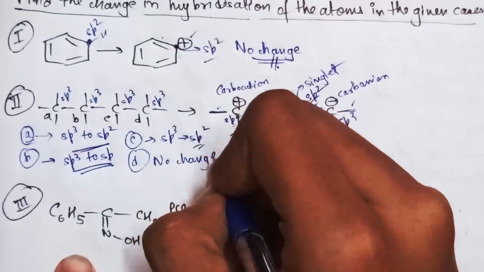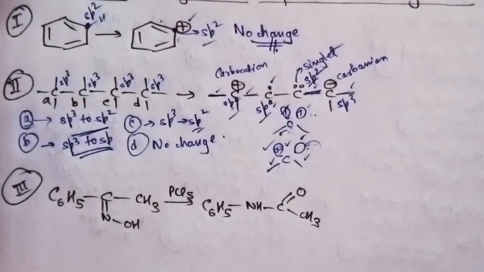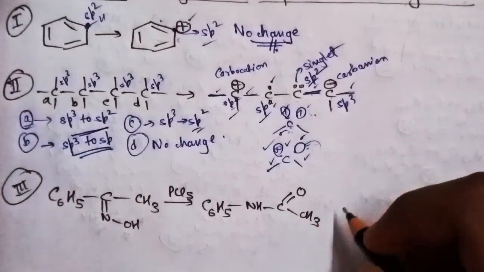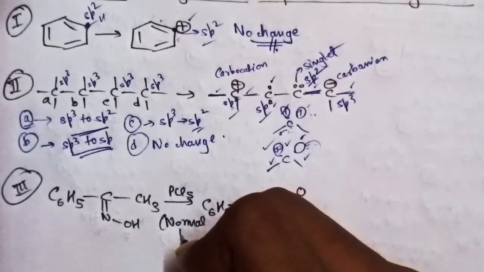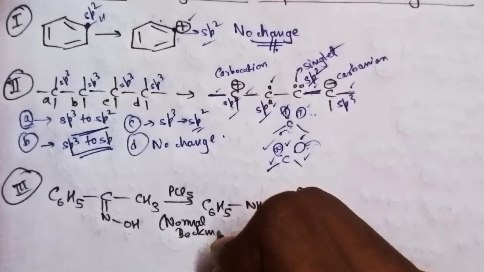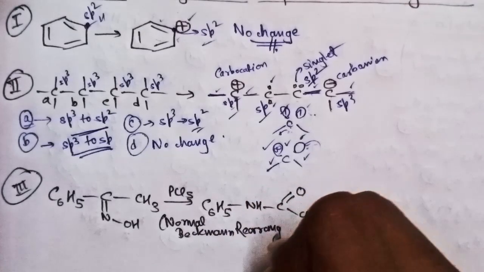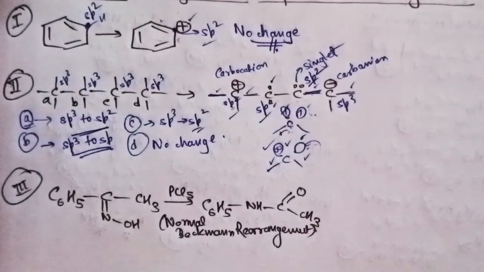The sp3 remains sp3. Talking about the third variety, it is a form of a reaction. This is a case of the normal Beckmann reaction, or rearrangement, and we need to find out the change in hybridization of the atoms.